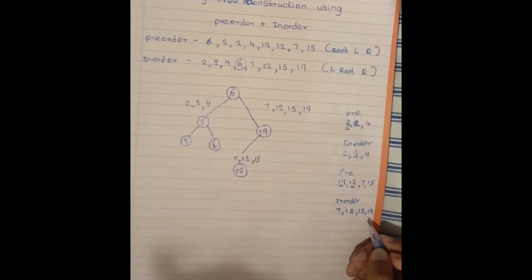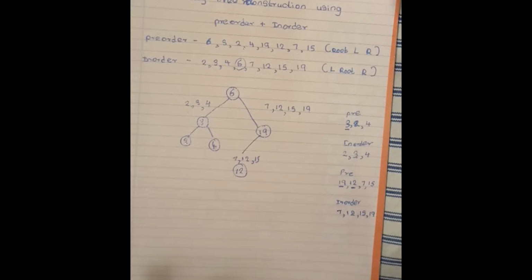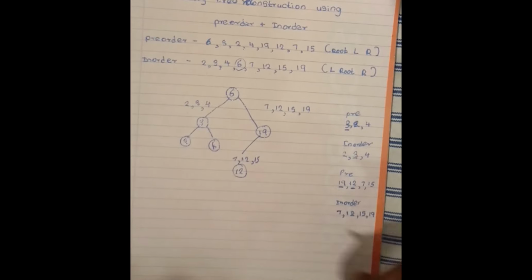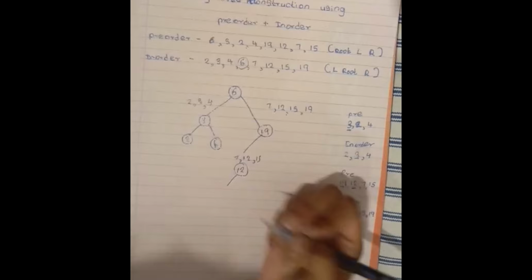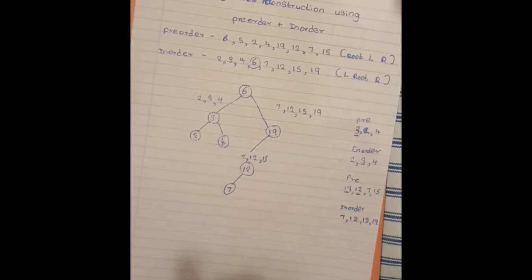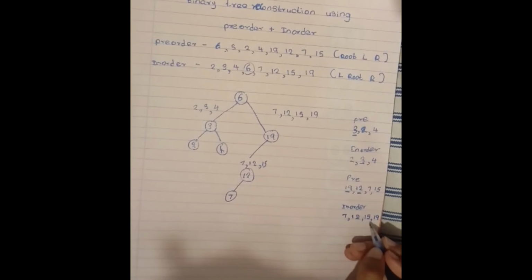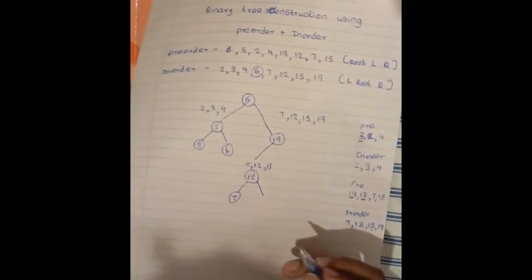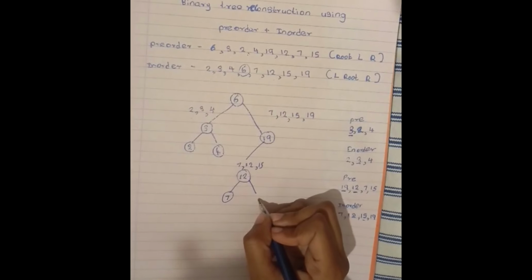And in Inorder, 7 becomes the left child of 12, and here 15 becomes the right child of 12.